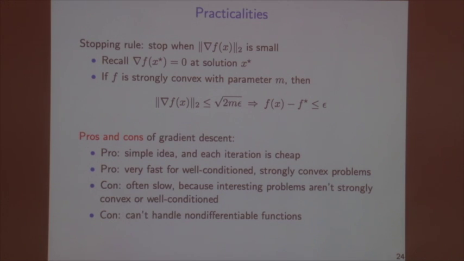Another good thing is that the algorithm tends to be very fast for well-conditioned problems. If you have a strongly convex function with Lipschitz gradient and the ratio of the Lipschitz constant to the constant of strong convexity is small, then you actually have an exponentially fast rate. So that's good.